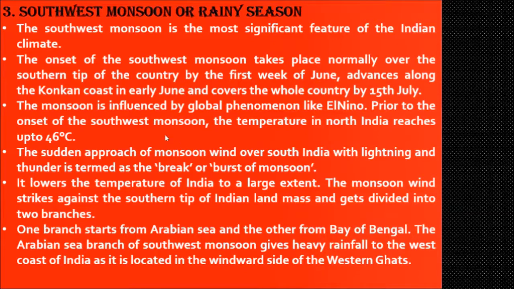The sudden approach of monsoon wind over South India with lightning and thunder is termed a break or burst of monsoon. During June and July, when the rainy season starts, the sudden monsoon winds come over South India and travel along with the lightning and thunder.